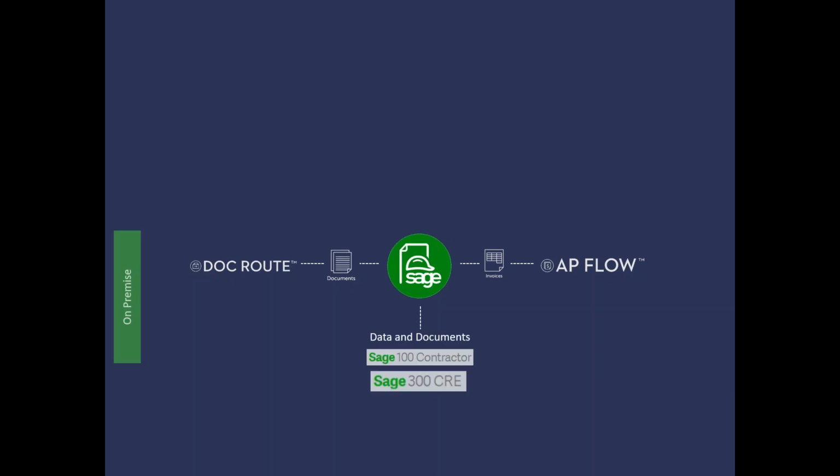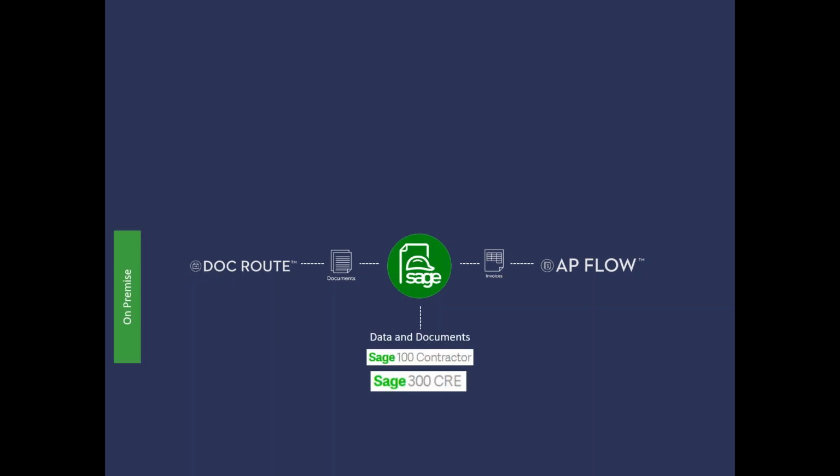Before we jump into the software, here's a real quick overview of how the system is set up overall. I like to start most people with AP Flow as they're jumping into Sage Paperless because it's a huge source of paper in most organizations, and getting a handle on that is a really good first step in going paperless for your whole office. From there is our more general document routing system, called DocRoute. If you want to start routing things like subcontracts to be approved prior to sending out, you can use our DocRoute functionality for that.